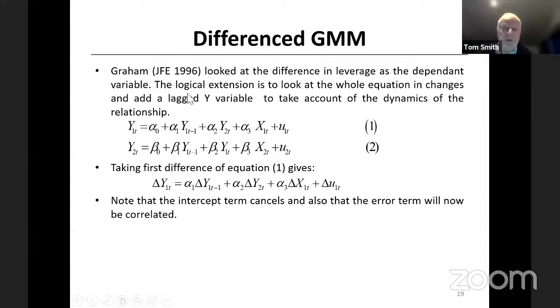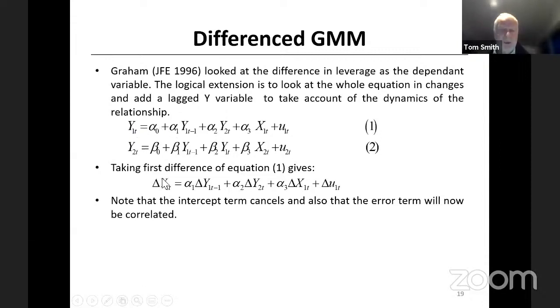So really, you want to look not at the level, as we've got here in equation 1 and equation 2, but at the dynamics. What's the change in the debt structure of the firm, and what's the marginal tax rate? That is the incremental tax on an extra dollar of income. So if you take equation 1, y1t equals that, then you have another equation for y1t minus 1.